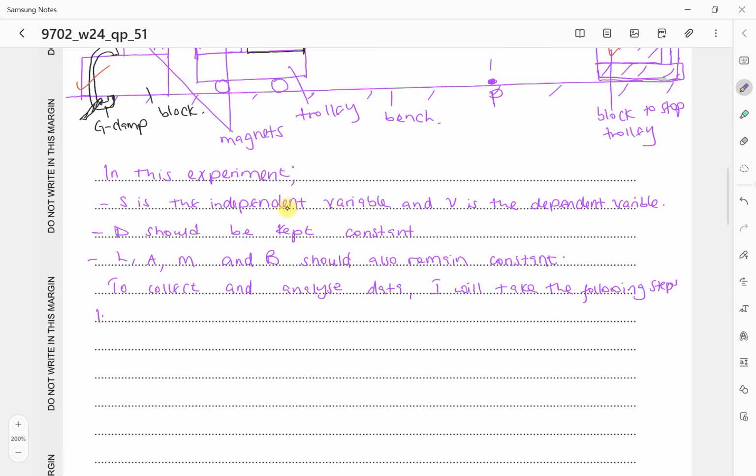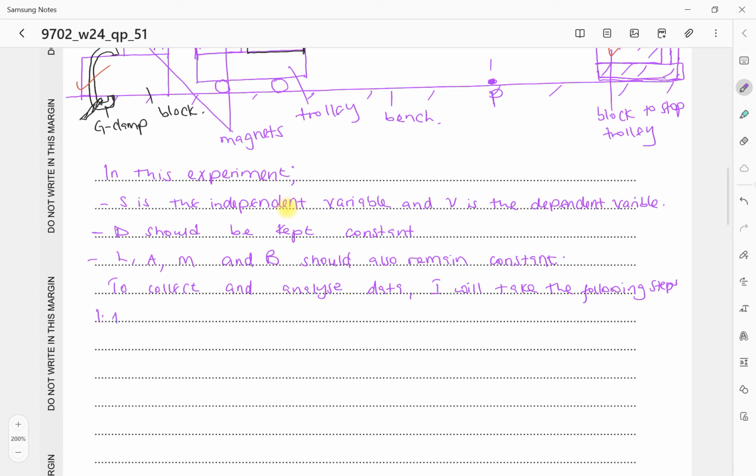So number one, I'm going to measure the mass, of course, using a top pan balance. I'll measure the length L using a ruler. I'll measure D using a ruler. I'm going to measure B using a Hall probe.